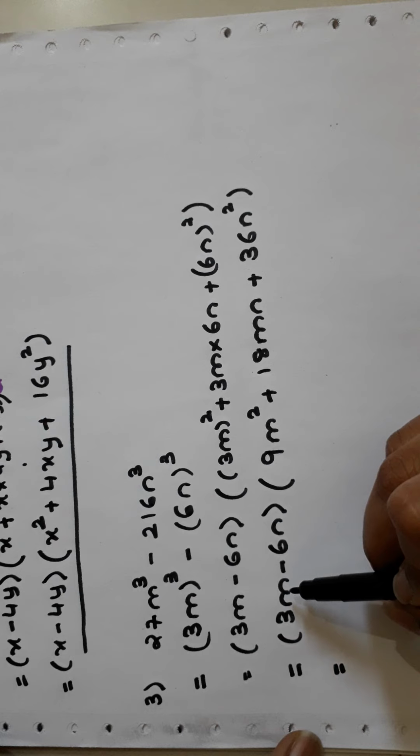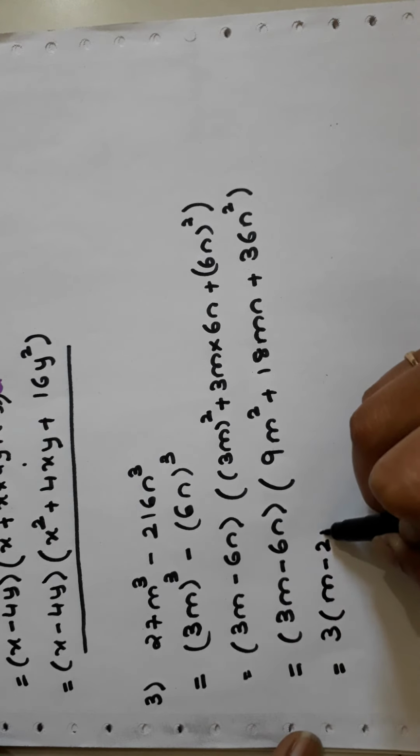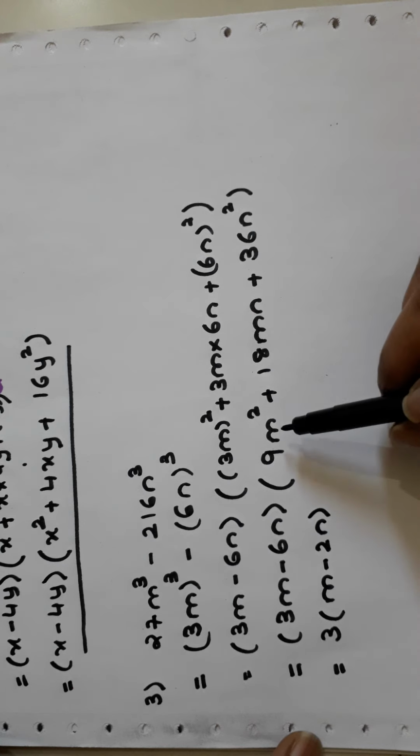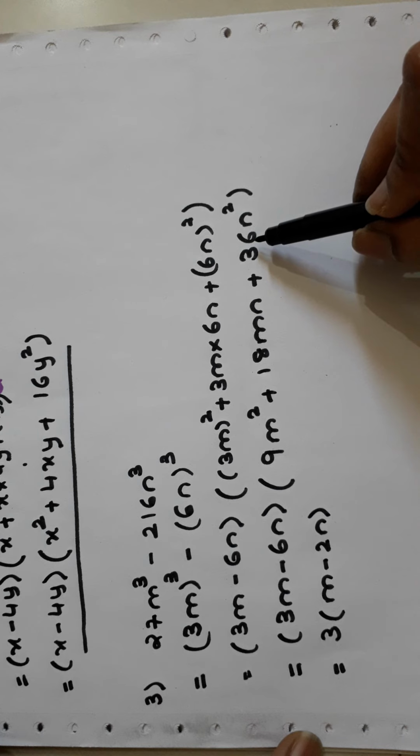Now here in the first bracket 3 is common. So you get m minus 2n. In the second bracket 9 is common. 9 ones are 9, 9 twos are 18, 9 fours are 36.